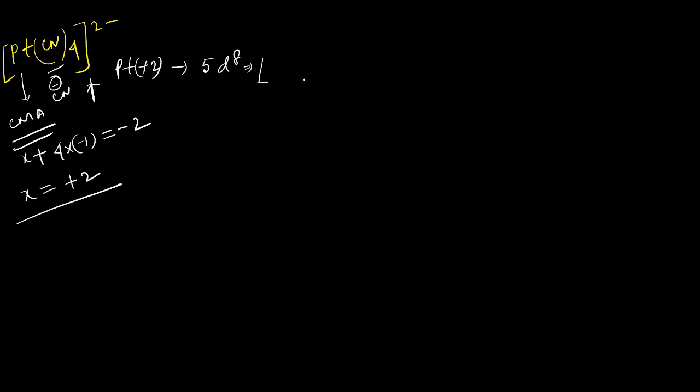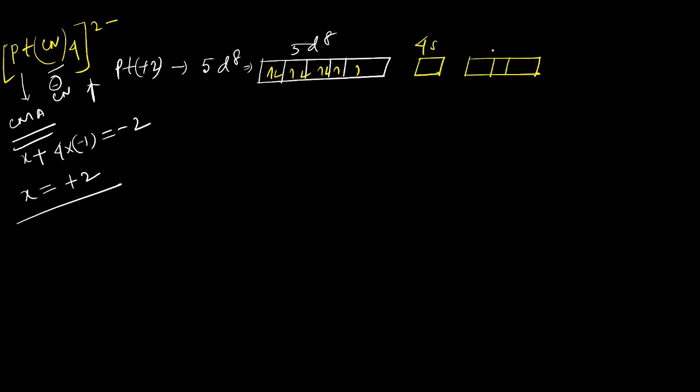If I open this 5d8 electronic configuration, it becomes like this: 5d8, and all the 8 electrons remain like this. Only 2 unpaired electrons here. This is the 4s orbital and this is the 4p orbital.